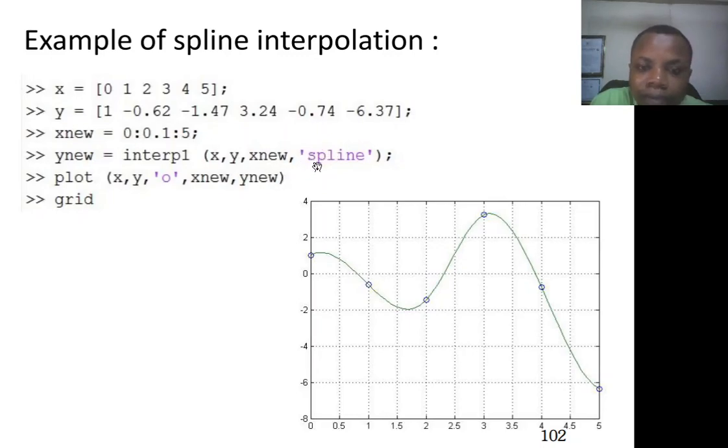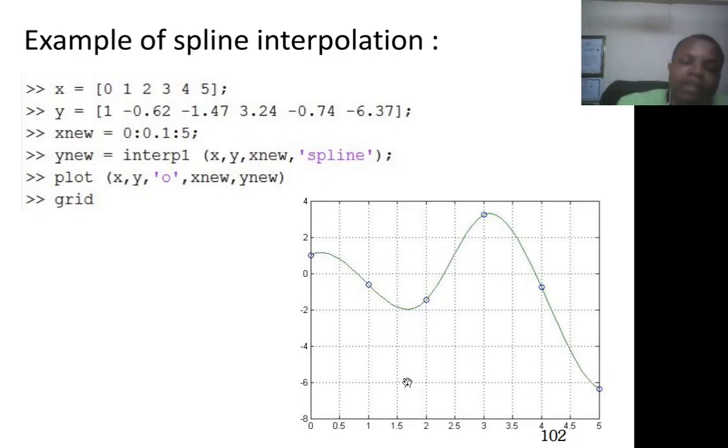This time we are choosing the splines, so that is exactly what we are seeing. With this plot we can interpolate on any of these. Suppose that we would like to know the value of y at 2.5, that will be somewhere here, somewhere like 1 or so. So that is how we get to do interpolations.